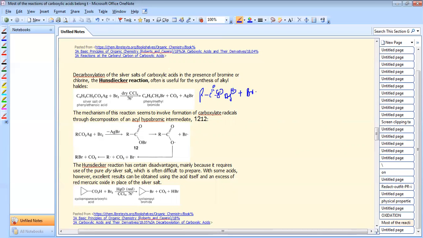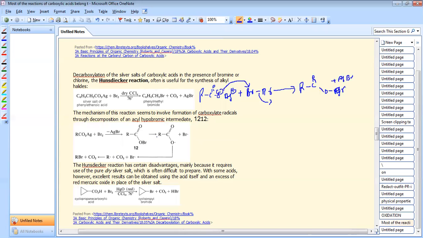And this is bromine. Halogens are also known as neutral electrophiles. Initially this negative charge attacks one of the bromine atoms, so it is removed as Br minus, and Ag plus and Br minus both are removed as AgBr. Sorry, it is bromide. So this product we made.